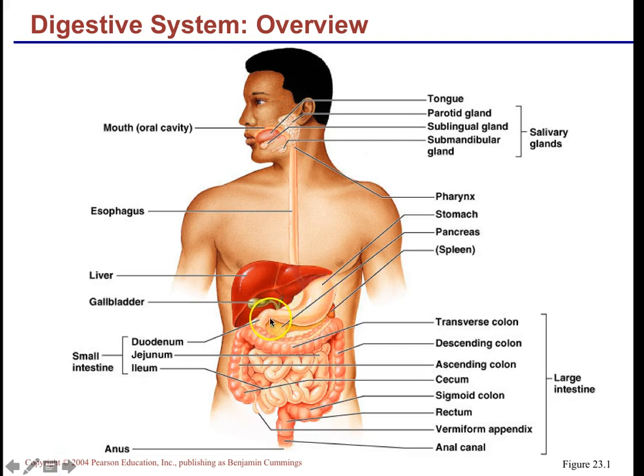Above this stomach you can see the liver, which is the largest solid organ of the body, and the gallbladder, this greenish tiny organ that stores the bile that's going to be needed to help digest fat. What is hard to see in the back is the pancreas.